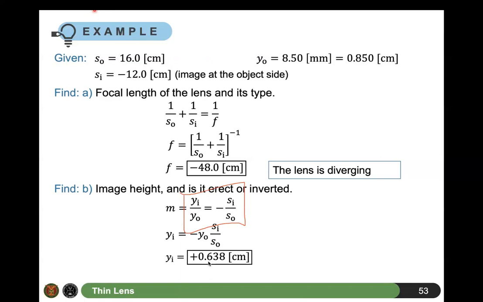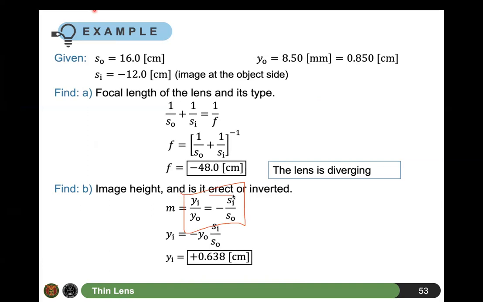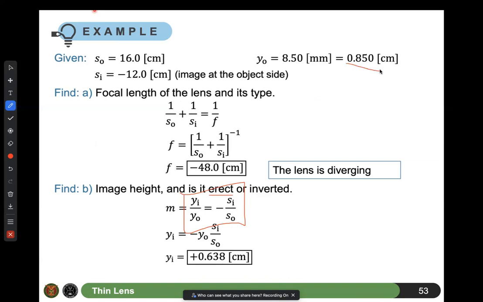So this means yung image natin will be erect or upright with respect sa object. Okay? Tapos, lumiit din. So, ano yung YO? 0.85. Yung YI, 0.6, which means na-reduce din yung image.